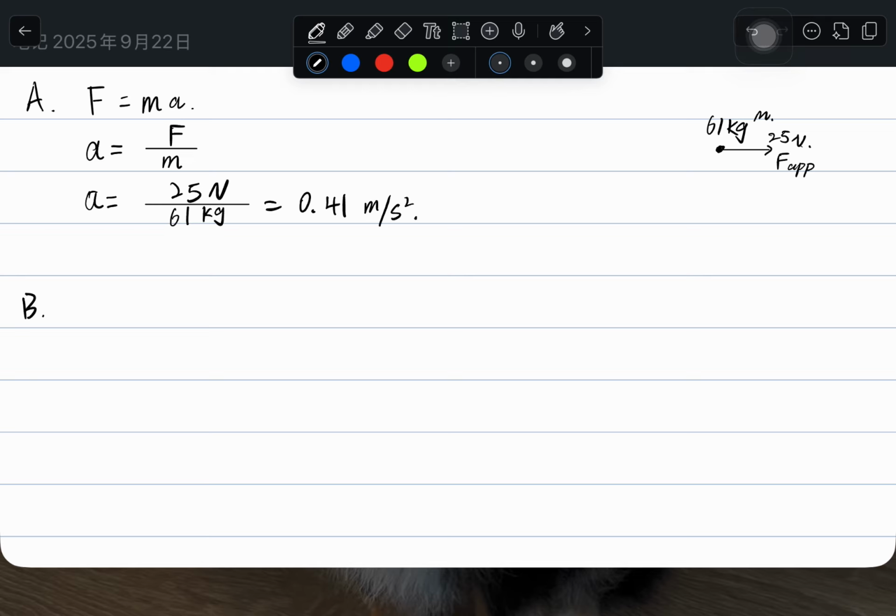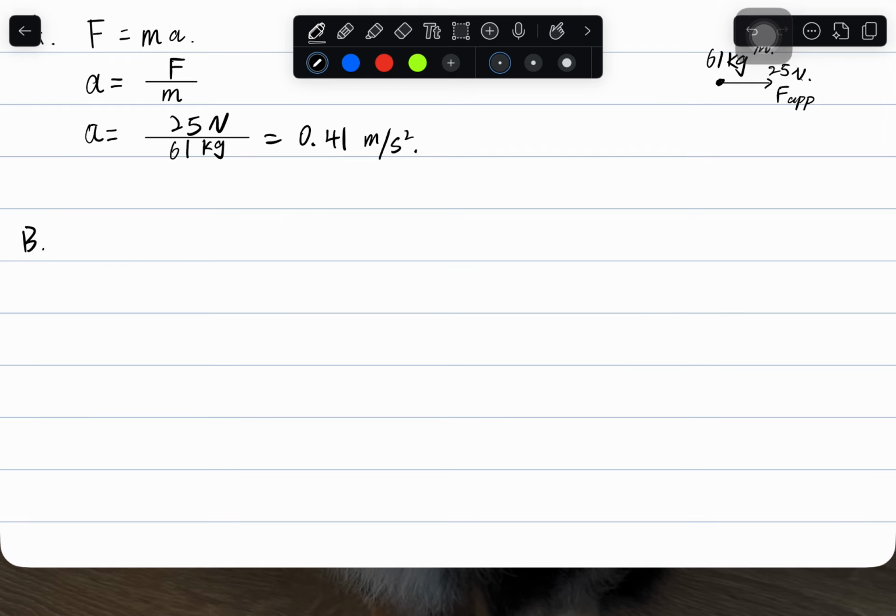For part B, here's the block of cheese of mass 1.8 kilograms. So here's the cheese, and the mass is 1.8 kilograms. We apply a constant horizontal force of 0.5 Newtons to the cheese.